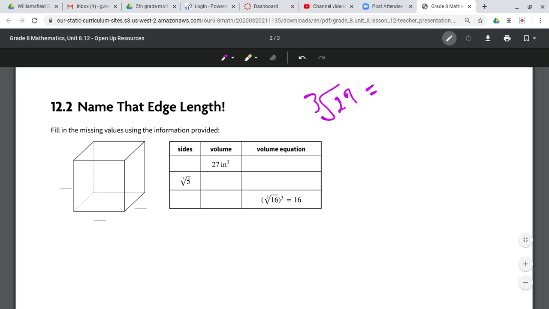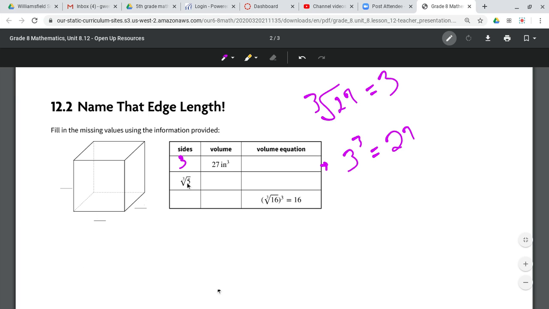Now, 27 is a perfect cube because 3 times 3 is 9, times another 3 is 27. So the cube root of 27 is 3. So there's our side. Now, to write the volume equation, I'm going to write it off to the side over here just so you can actually see it and I have space. It will be 3 to the third power equals 27.